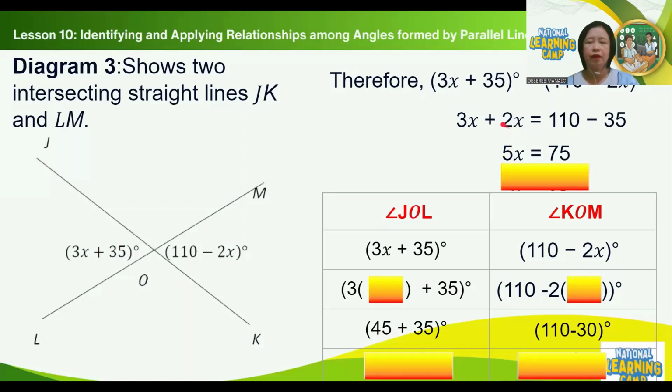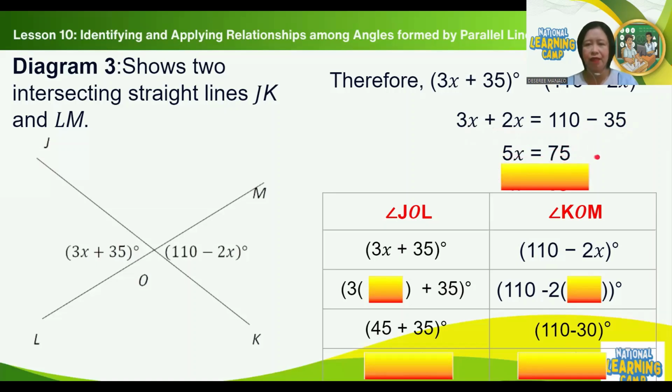Therefore, 3x plus 2x equals 5x and 110 minus 35 is equal to 75 degrees. To get the value of x, you can divide both sides by 5. So 5x divided by 5 and 75 divided by 5.